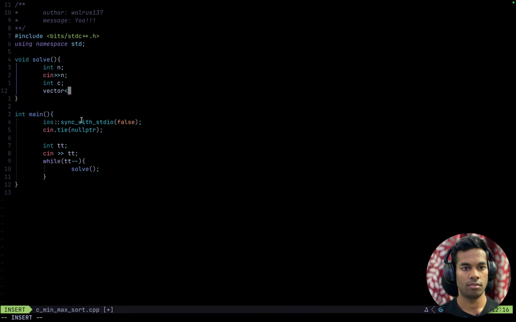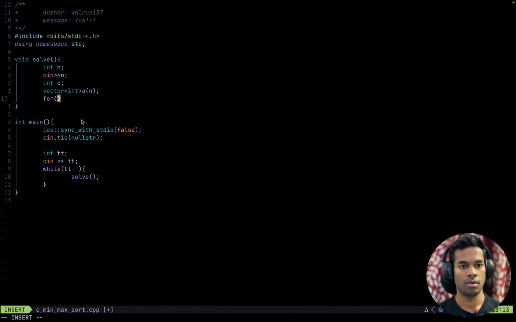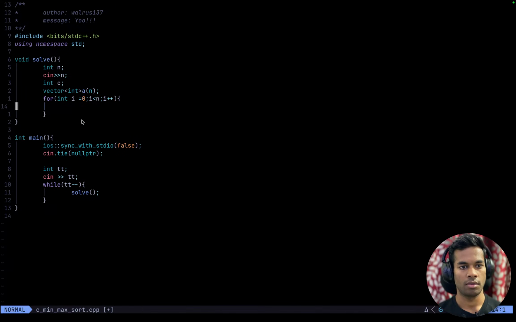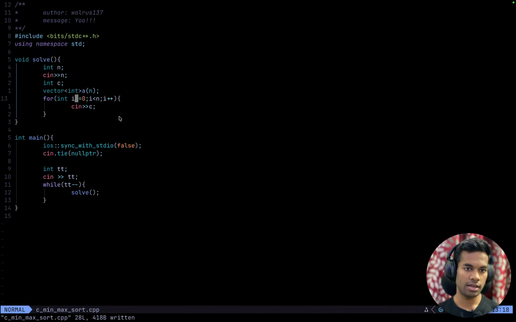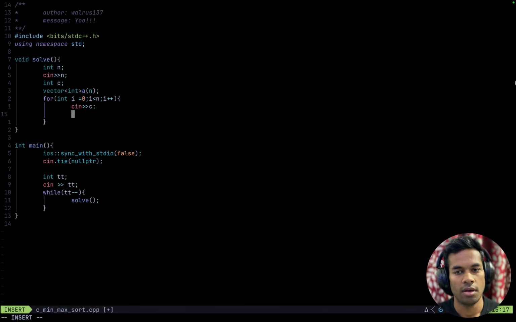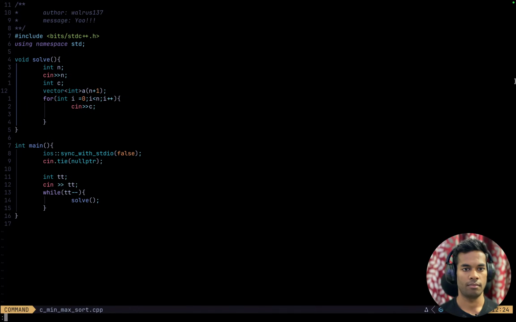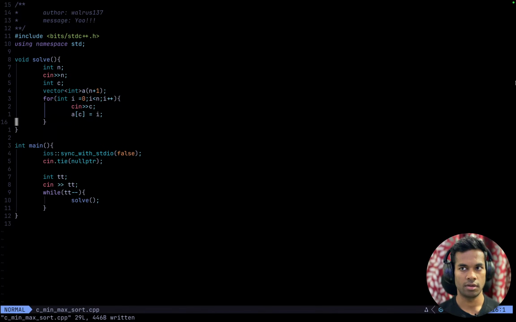Let's see. Int a size n, for int i equals 0, i is smaller than n, i plus plus, cin c. And we have i is the index of number c, so we'll say a c equals i, the index of c, right?